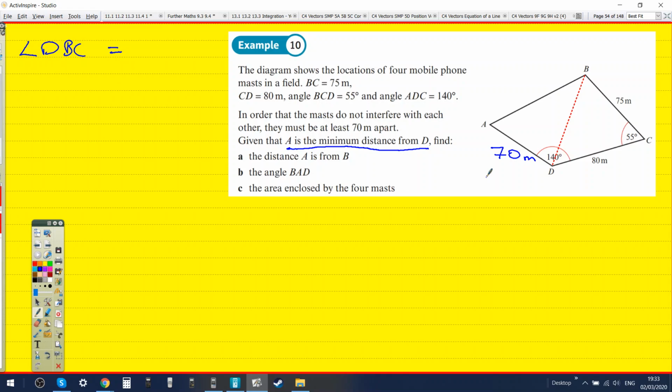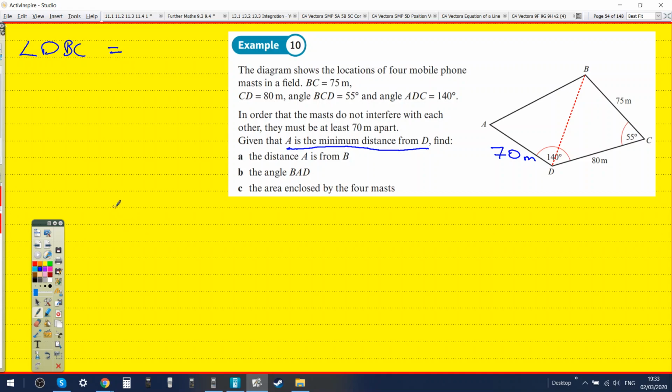How could you find the length of DB? You could do cosine rule. So was that like a squared plus b squared minus c squared over 2bc?